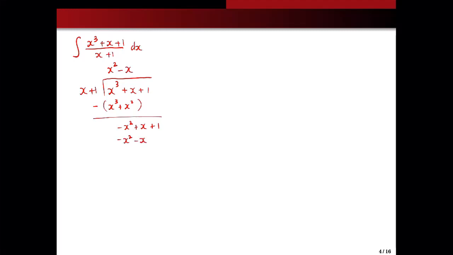And then you subtract again. Minus x squared minus negative x squared is just 0. Then x minus negative x becomes 2x. And the 1 here, there's no constant to subtract, so that one goes down.